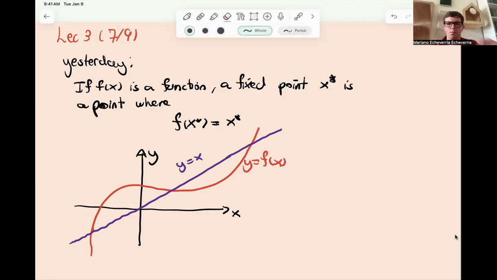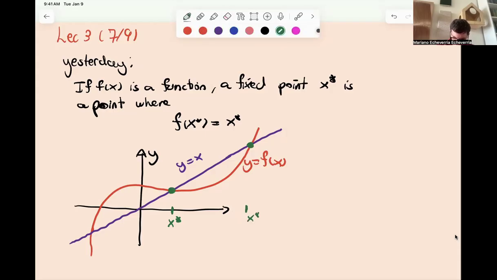A fixed point is basically where the two curves intersect. So in this case, there's a point of intersection here, so this would be a fixed point. There's another point of intersection here, so that would be another fixed point.